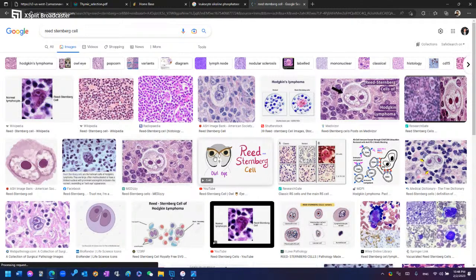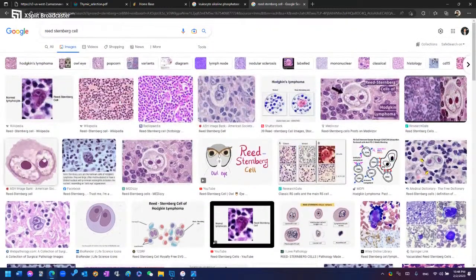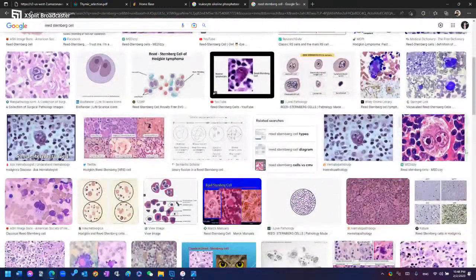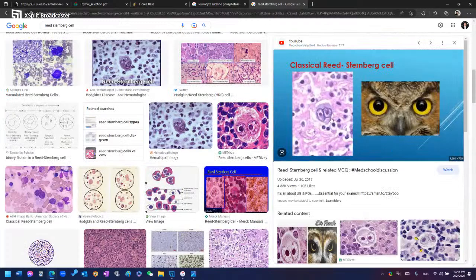Some call them owl eye like that, but they don't actually always have two. They could have three. But the point is the nucleolus is very visible. See that? In these ones, that's a nucleus, and then it's condensed even in there. So that's what that is. That's why we call it owl eye.